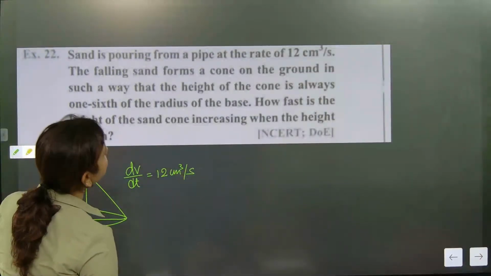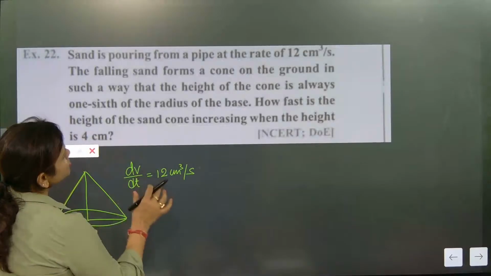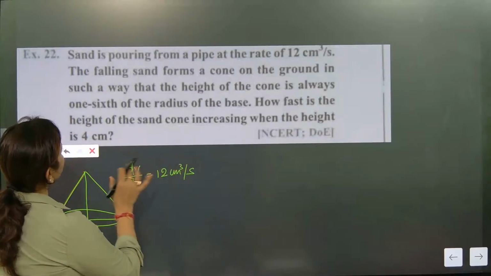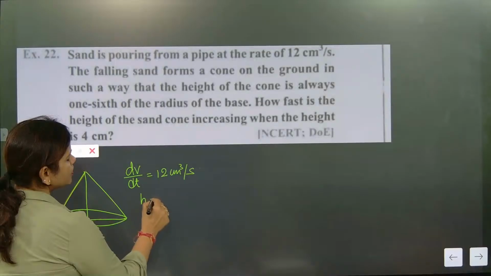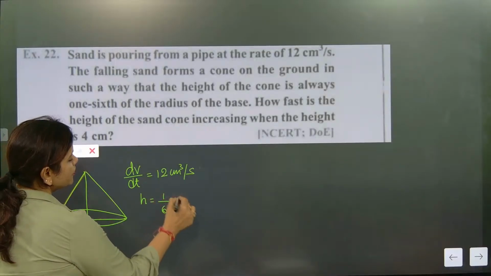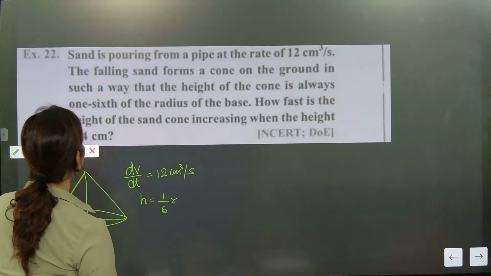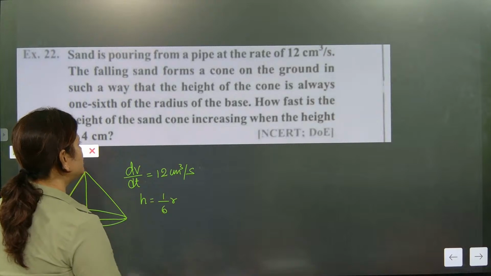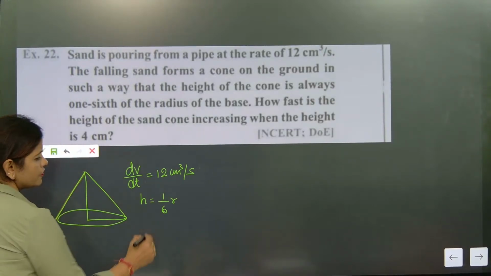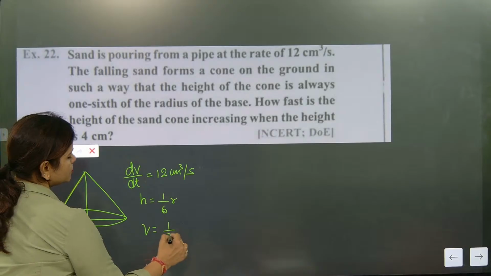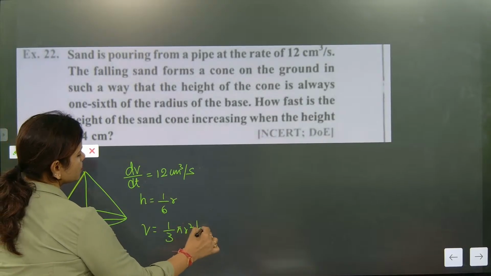The falling sand forms a cone on the ground in such a way that the height of the cone is always 1/6 of the radius of the base. So height of the cone is 1/6 of the radius of the base. How fast is the height of the cone increasing? So volume of cone is 1 by 3 pi r square h.